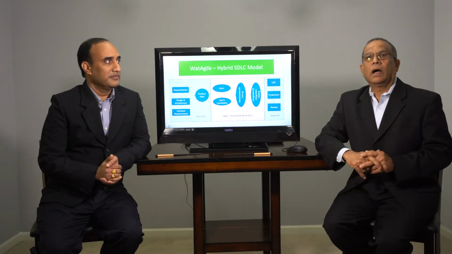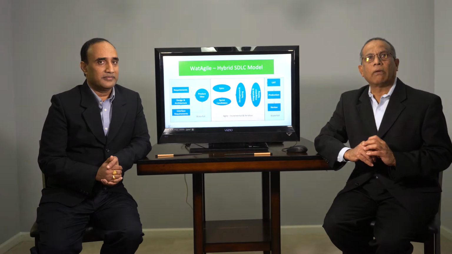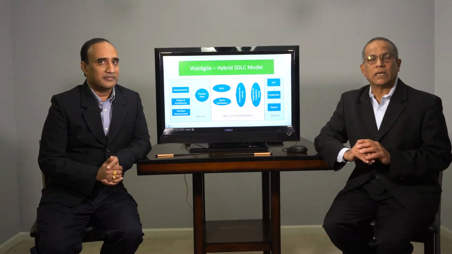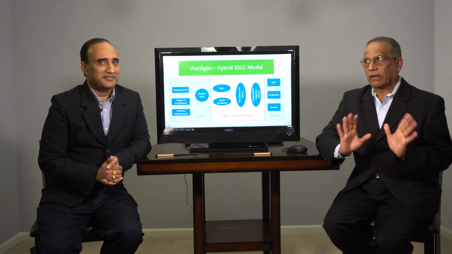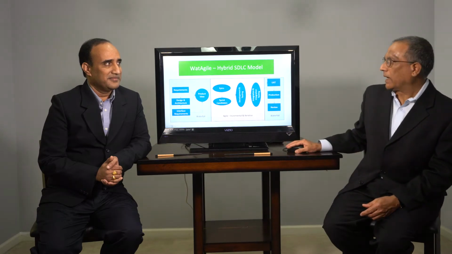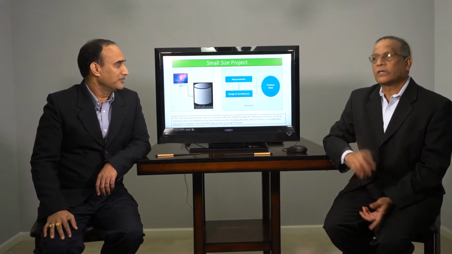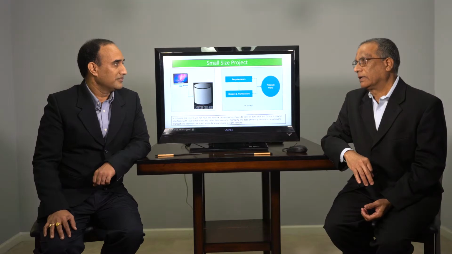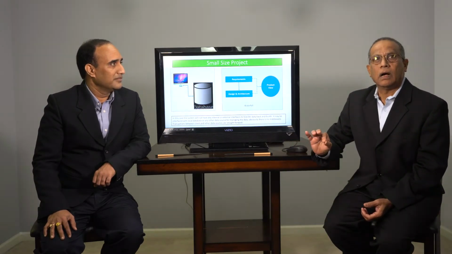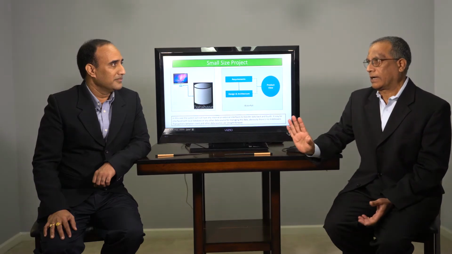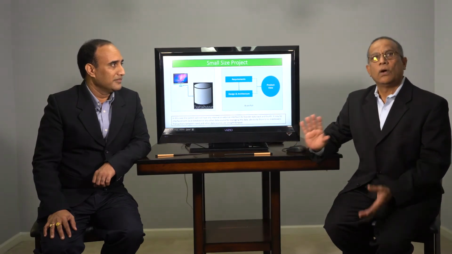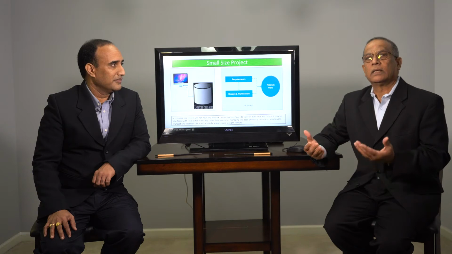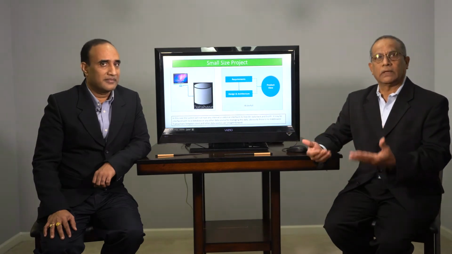Yeah. Here in this model, you will have 3 different sizes based on the interfaces. Let me explain. The first one is the small size project. In the small size, you will not have any internal or external interfaces. Whatever data you require is going to come from within the system.